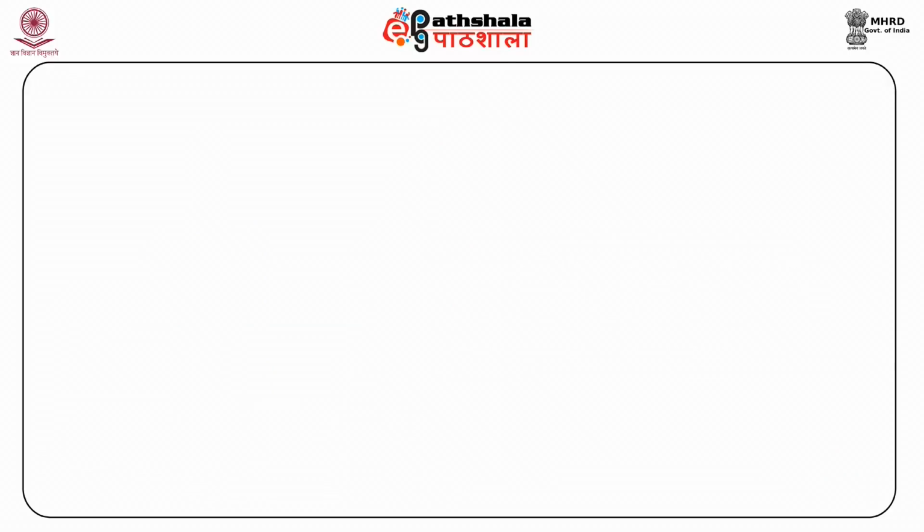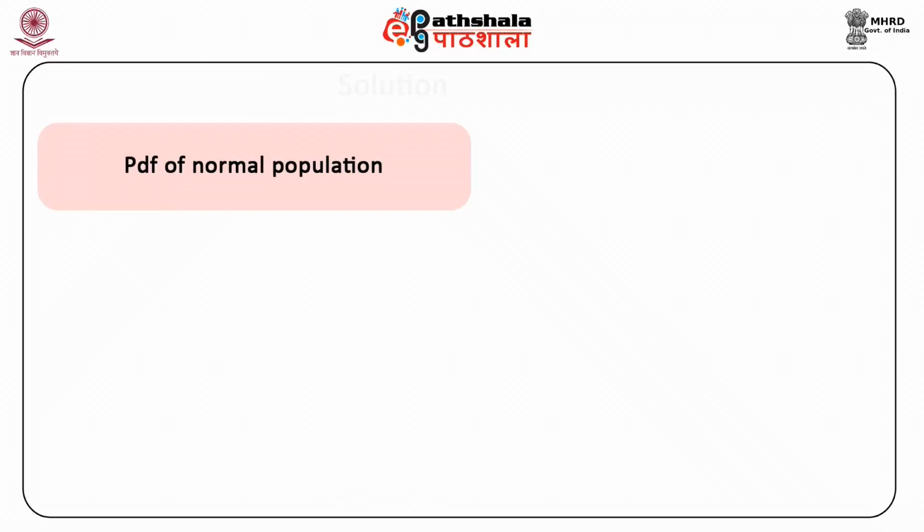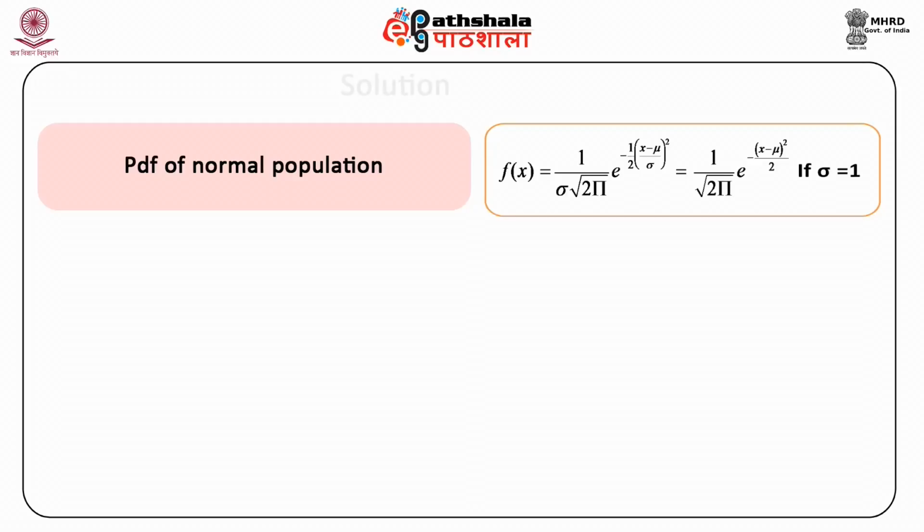The above example can be solved as follows. The PDF of a normal distribution, I'm sure you know, is f(x) equal to 1 upon sigma into root 2 pi into e raised to the power minus half into (x minus mu by sigma) whole square.